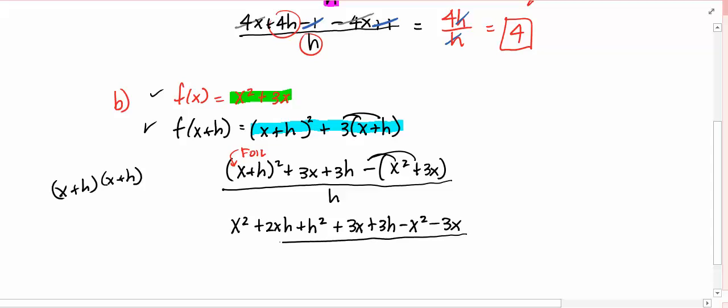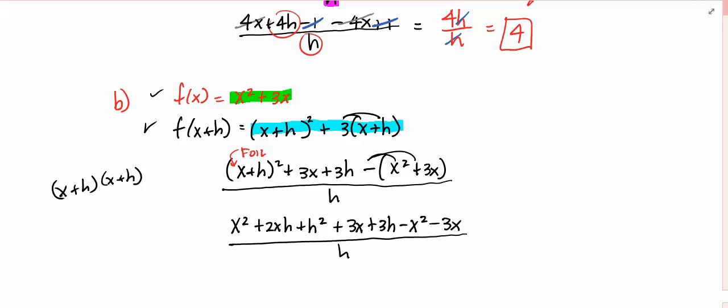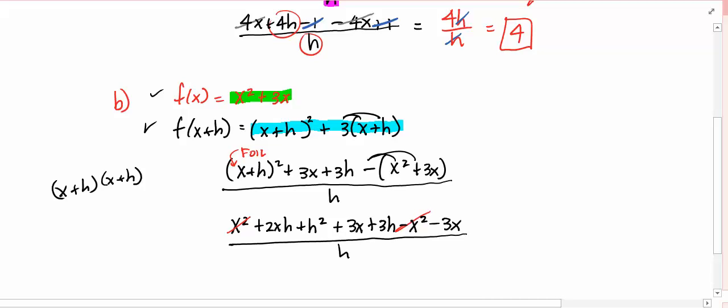And now we're ready to do the fun part, which is to see what cancels. X squared and negative x squared, that adds to 0. Here's a 3x and a negative 3x. So what's happened is I've gotten rid of everything that doesn't have an h in it. Notice that?